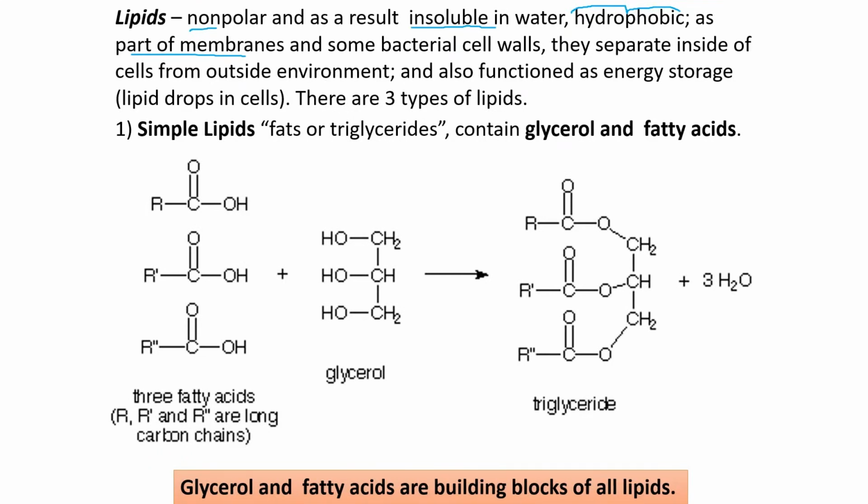And it's made of lipids. Some bacterial cell walls are made up of lipids, and also, because of this, the overall main function of the lipids is to separate the inside of the cell from the outside environment.